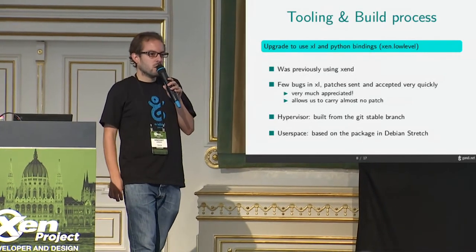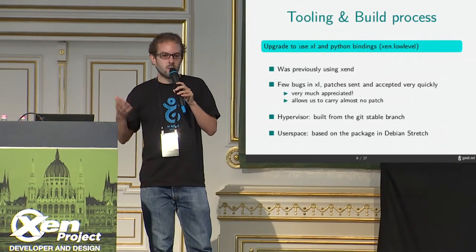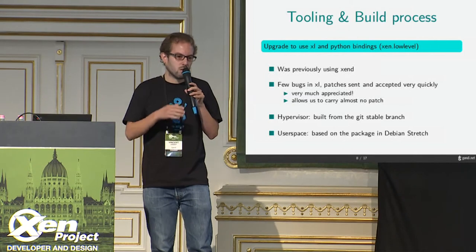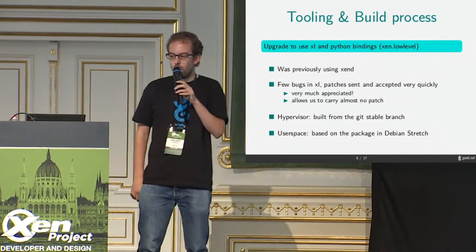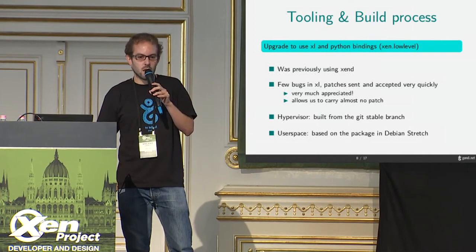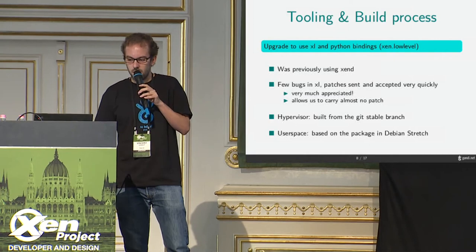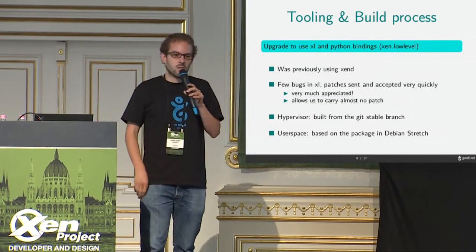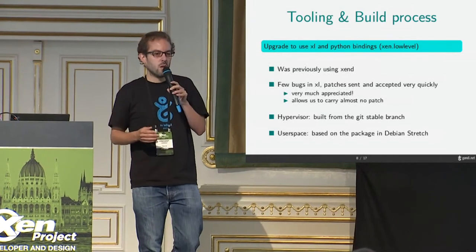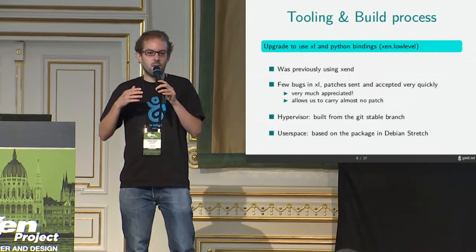So the first thing was to upgrade our tool stack. Our whole daemon was using Gandi on XM to make calls to Xen. So we had to upgrade it, and now it makes calls to XL, and it uses a low-level Python binding of Xen. In the process of upgrading the daemon to use XL, we had a few bugs, and we had some feature requests for XL.